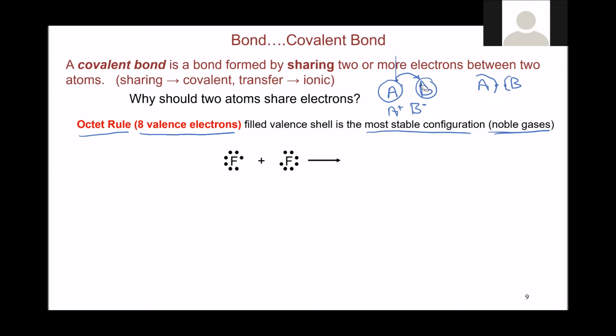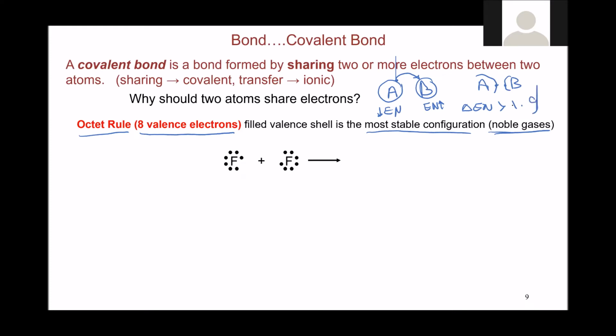So in this case, for ionic bonding, it's a very small electronegativity for A, and a very large electronegativity for B. That's why B is able to strongly attract the electron and completely transfer it from A. And there is a threshold for whether the electronegativity is strong enough for a complete transfer or not, which is that the difference in electronegativity between both atoms has to be greater than 1.9.